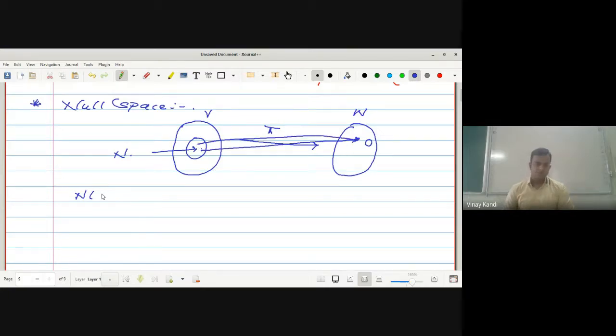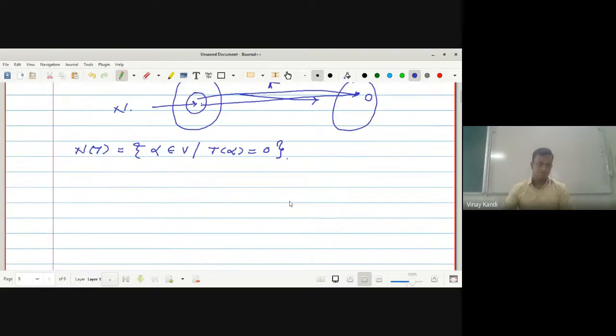Okay. So null space of T is nothing but what? Collection of those vectors of the domain V such that T of alpha is equal to 0. Okay. So it is a subspace of the domain.